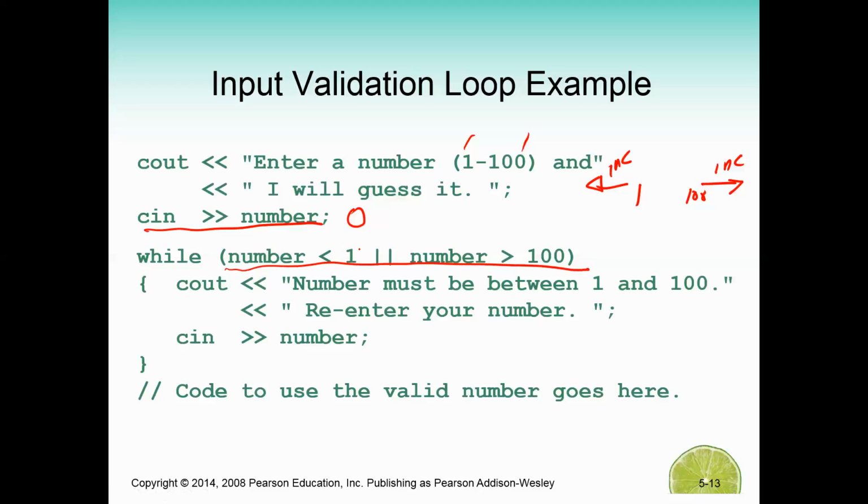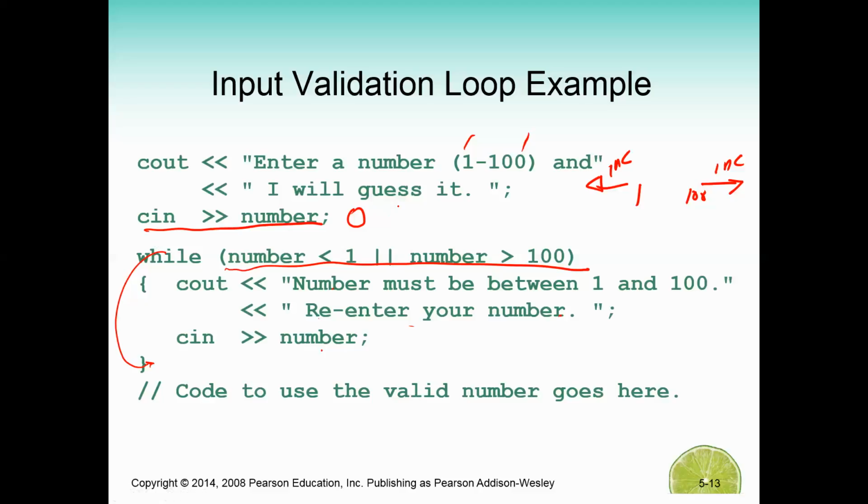If it's incorrect, we go inside. So we tell them, a number must be between 1 and 100. Please re-enter your number, and we ask the user again. We give the flashing cursor indicating give me an answer. They type a new number, hit enter, and then go back. Let's suppose that the second time they type 101.